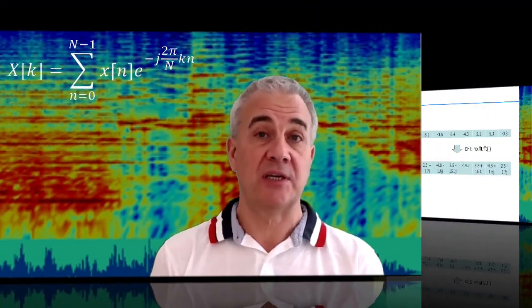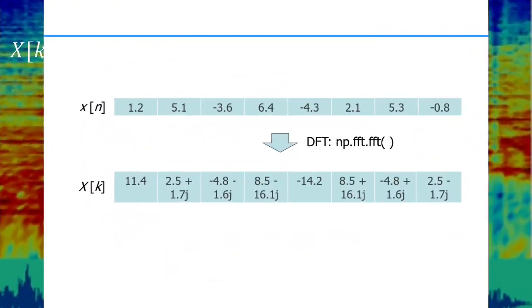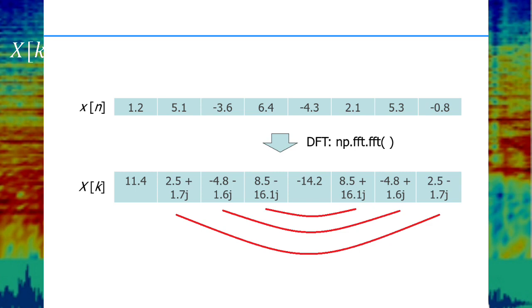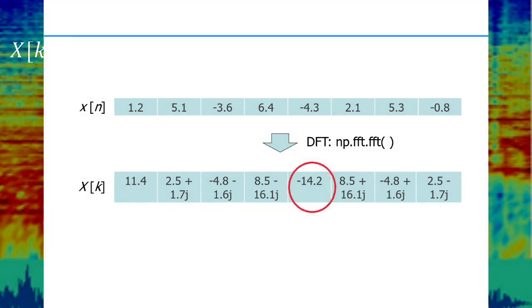Let me go back to this example, shown in lecture 4. I already told you that you need to be able to interpret these numbers. I hope you now do. First, you see the complex conjugated symmetry. Second, you know that at the midpoint, here the value minus 14.2, the DFT coefficient corresponds to the radial digital frequency pi, or in other words, the amplitude of the continuous time cosine at Nyquist frequency.